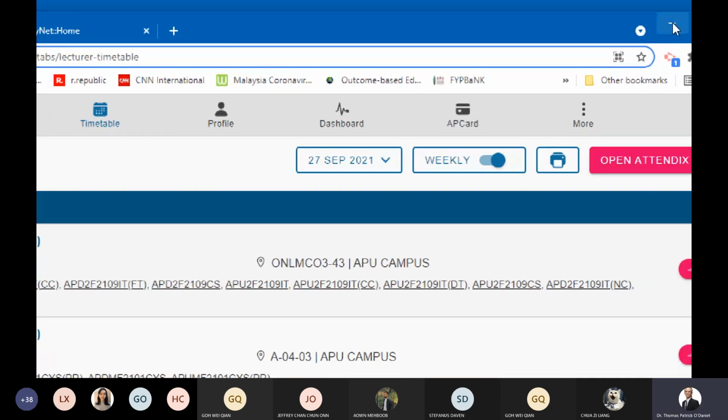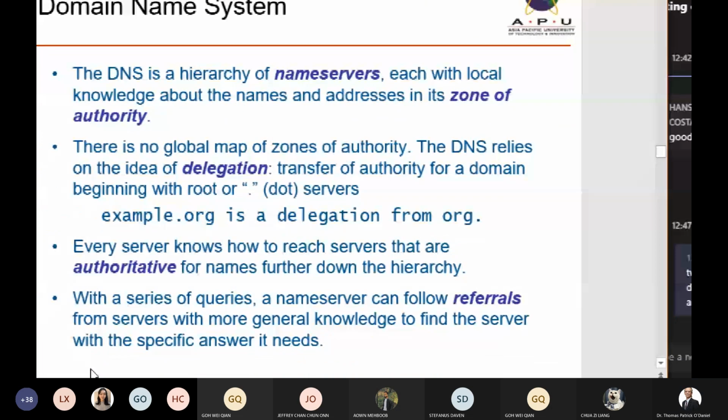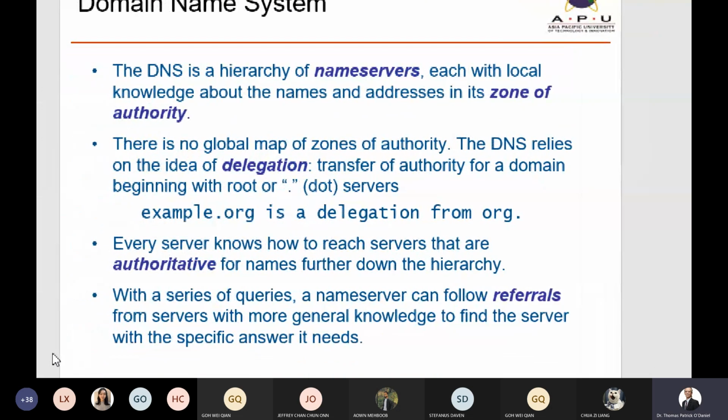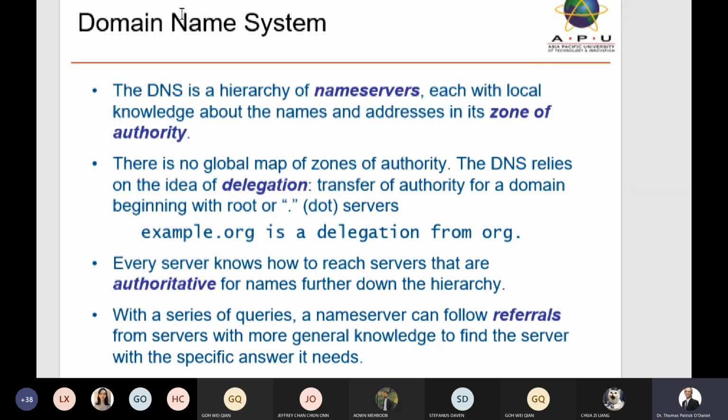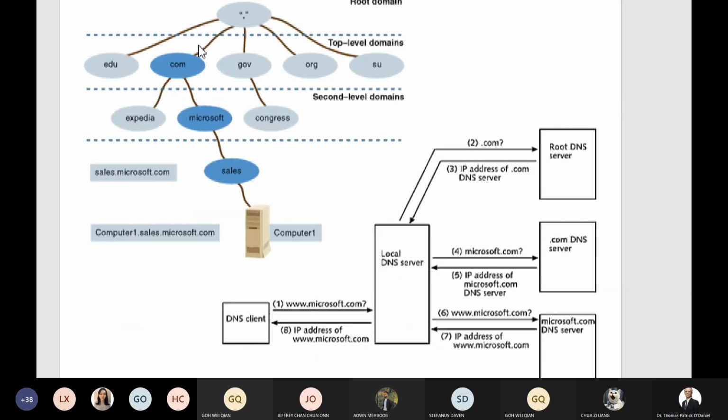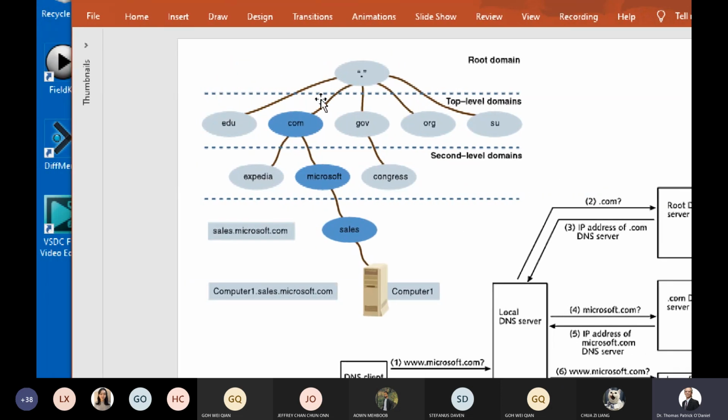Zones of authority. All right. There's no global map, right? Because each one is independent, and we call that delegation of authority. So let's focus on this little map right here.